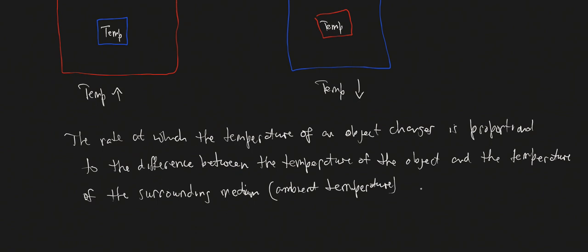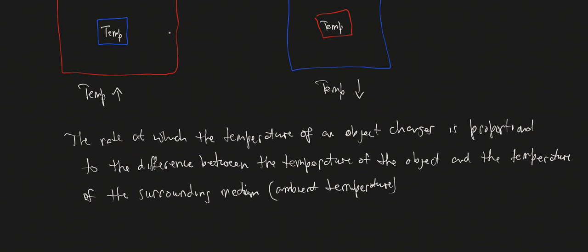But this is Newton's law. Again, let's restate what the law says. The rate at which the temperature changes is proportional to the difference between the temperature of the object and the temperature of the surrounding medium.